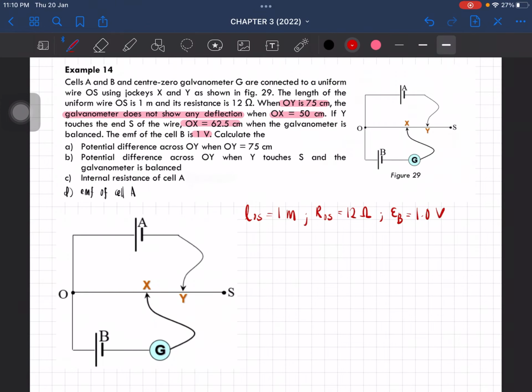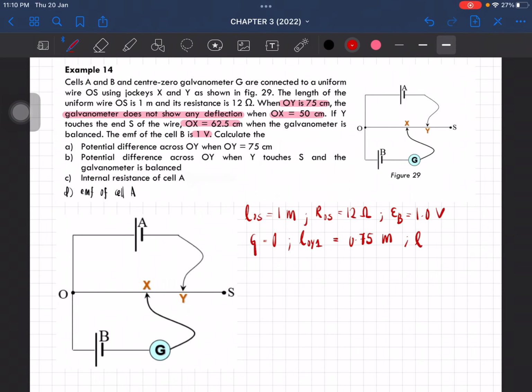It says G is equal to 0 when LOY for the first current is equal to 0.75 meter. Let's look at the first situation first.